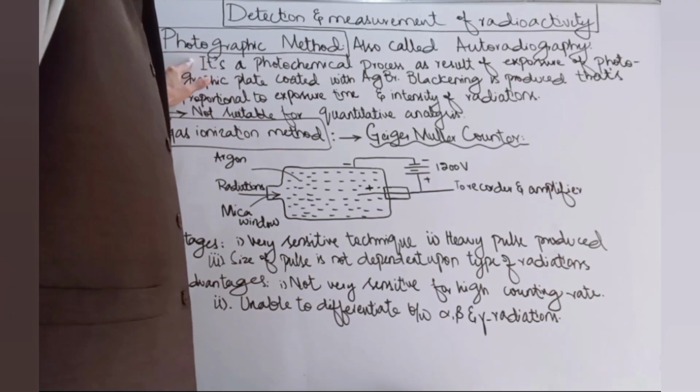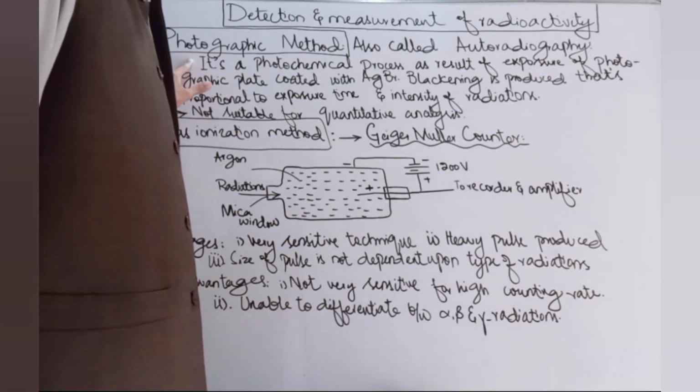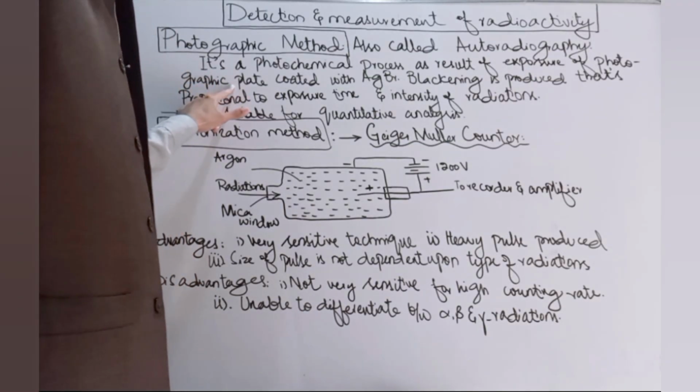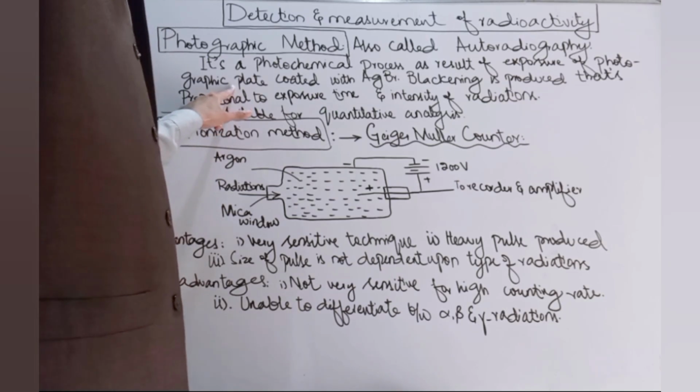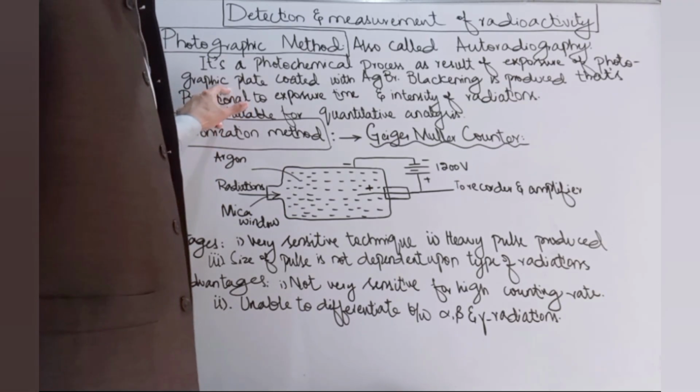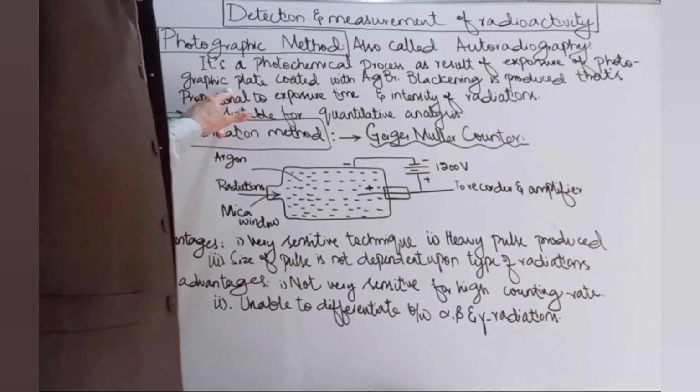It's a photochemical process as a result of exposure of a photographic plate coated with silver bromide. The blackening produced is proportional to the exposure time and intensity of the radiation.